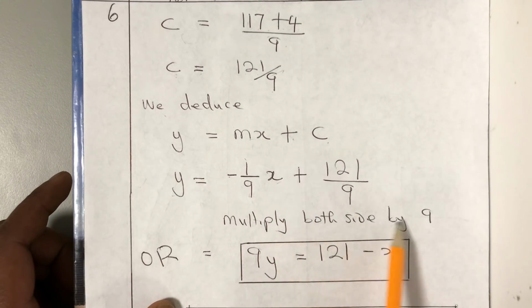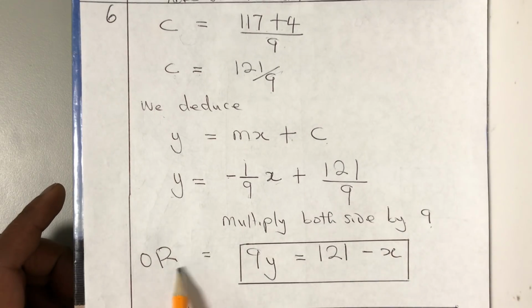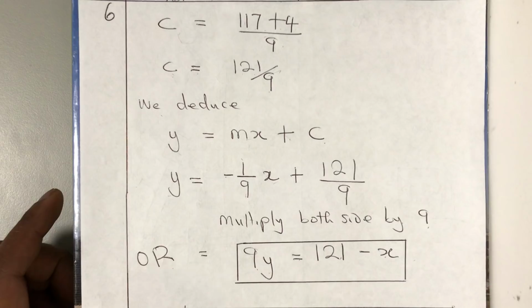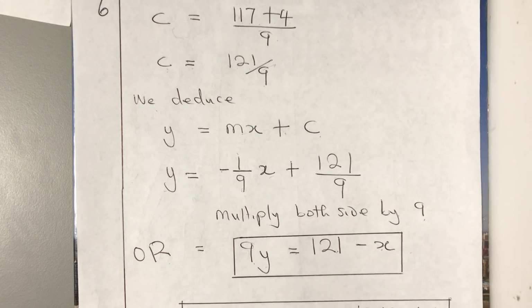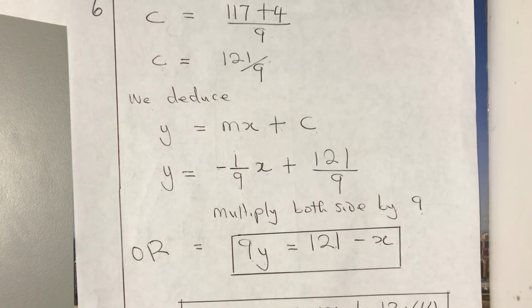By multiplying both sides by 9, we find 9y equals 121 minus x. Then the equation of the tangent to the circle at the point (4, 13) is y equals minus 0.11x plus 13.44. Thank you very much.